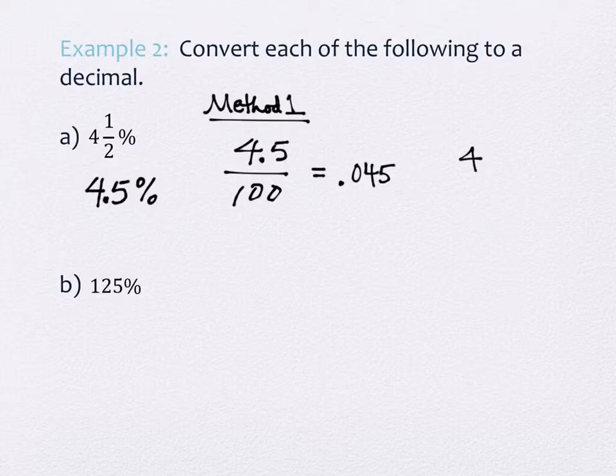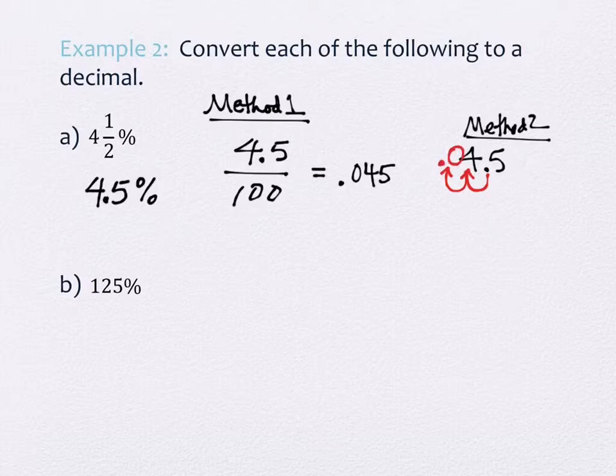And if you think about it from method 2's perspective, you simply take where the decimal is and you move it 2 places, in this case to the left, and of course, I don't have the ability to do that without some extra zeros added in, so there's my decimal. So now my decimal point, 0.045.